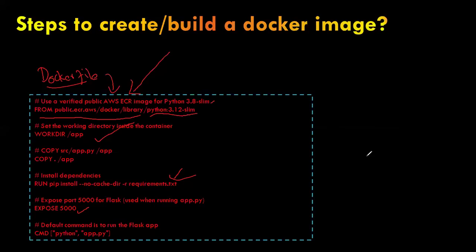I just repeated that the Flask app uses the default port number 5000. We need to expose it. Unless you expose it, the Flask app cannot be accessed by a web browser or other API calls. So it is mandatory.